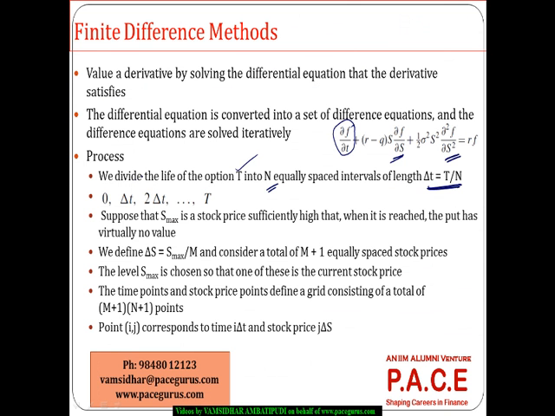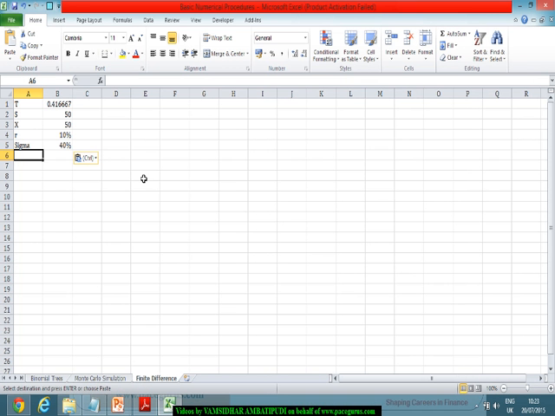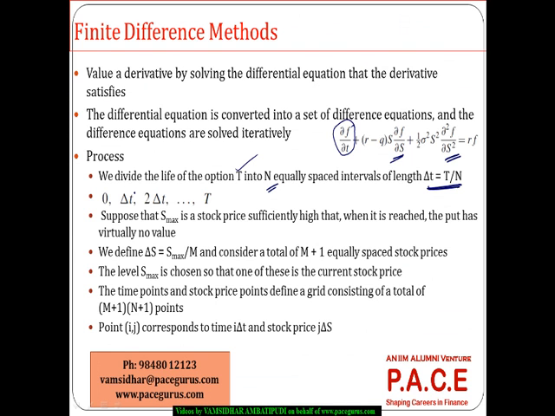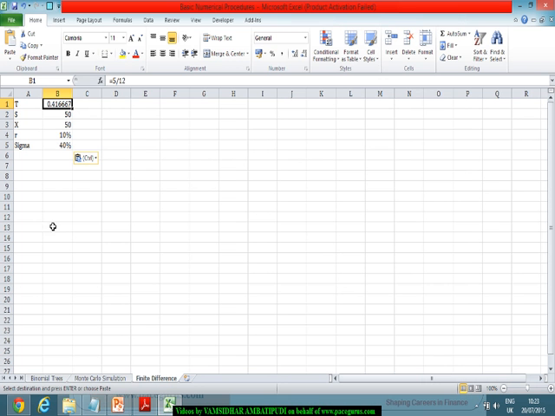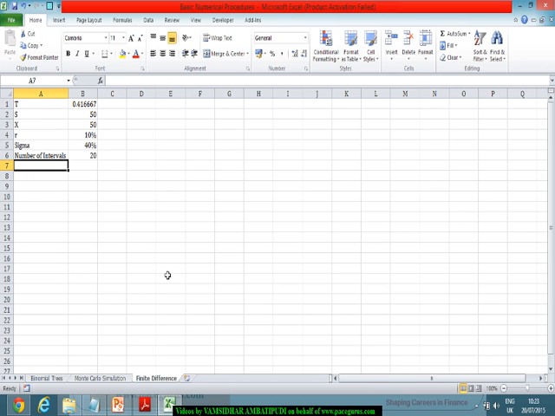The life of the option, this is the life. I split it into equally spaced intervals. Now let's say the number of intervals, let me call it 20. So I split the life of the option into 20 equally spaced intervals, which means that delta t here comes out to be this divided by this.